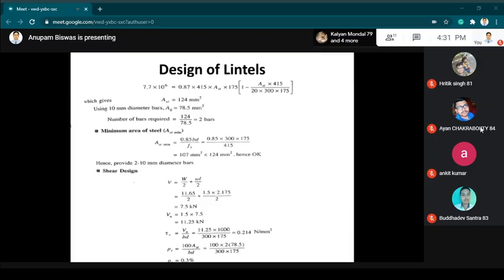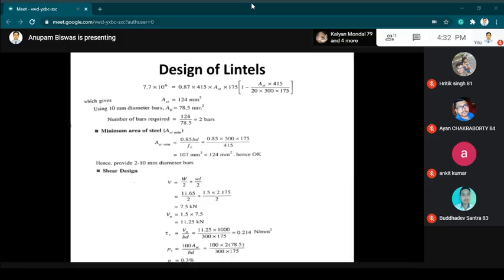Next is shear design. For shear design, the maximum factored load for the wall portion above the lintel and the self weight of the lintel is required. So W/2 plus WL/2.